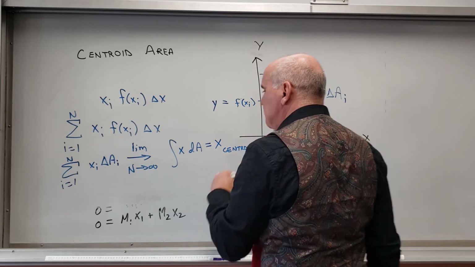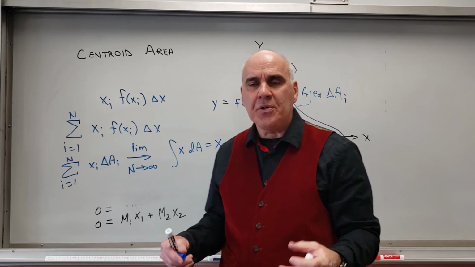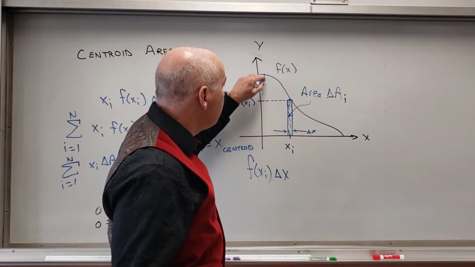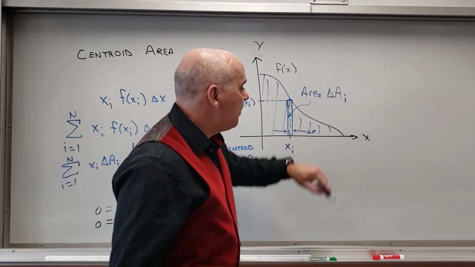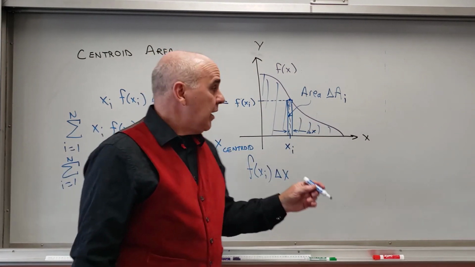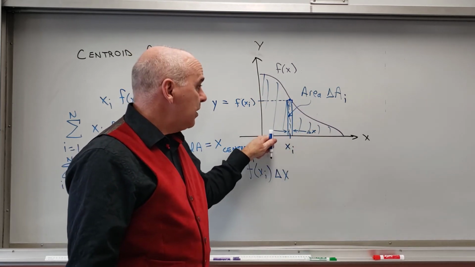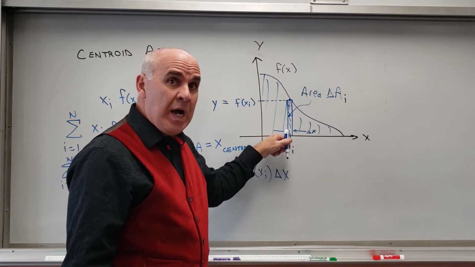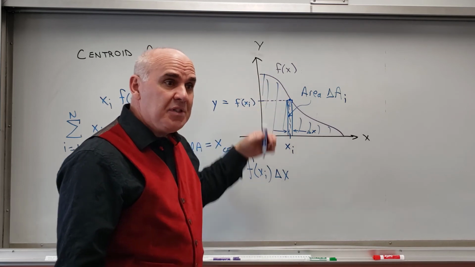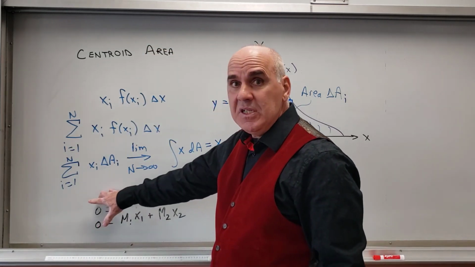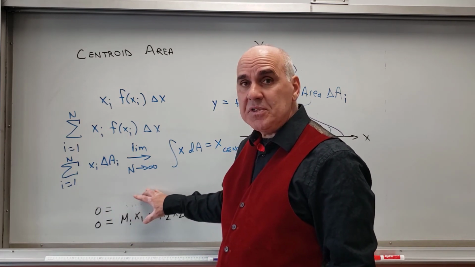Where is the centroid along the x-axis of the area underneath this entire thing? Now, as I look at this particular function, I would anticipate it's going to be somewhere off to the left of middle. Why? Because there's more area on the left, just like the centroid is closer to the heavy person than it is to the lighter person.